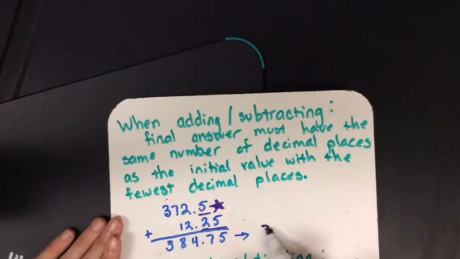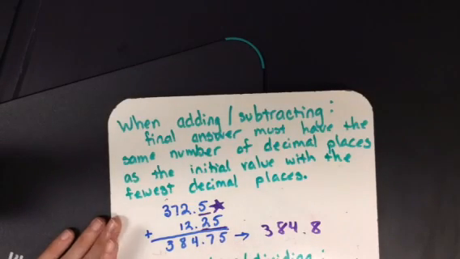So it would be 384.8. I rounded that 7 to an 8 because this is a 5. So if the number after the final number that you're rounding is 5 or greater, then you're going to round up. If it is 0 or less than 5, then you're going to round down. So this would just remain a 7.